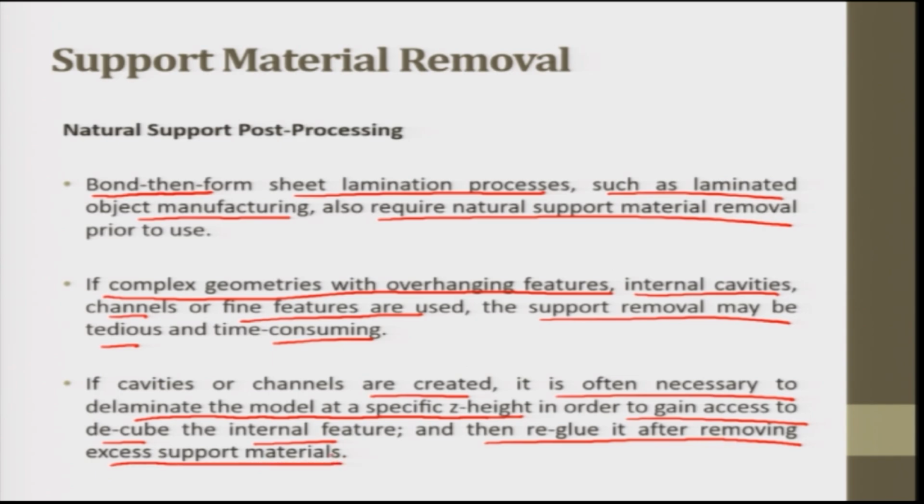So, the point I am trying to make here is that if there is some cavity, suppose this is the component that is to be made and we have a cavity here, and these are different sheets, different layers which are making this cavity. Now, when this cavity is encapsulated in between, the layers can be removed, the material can be taken off, and then it can be glued together, that is what they mean by re-glue.